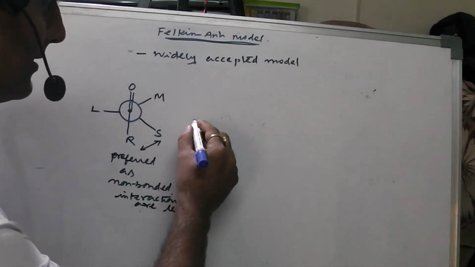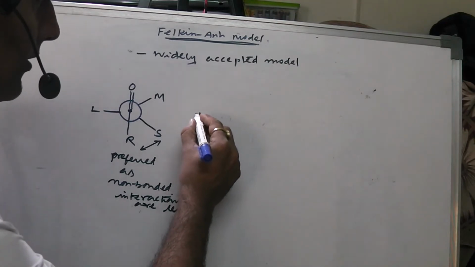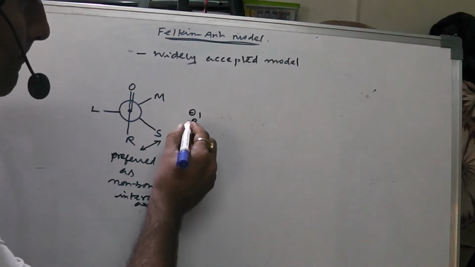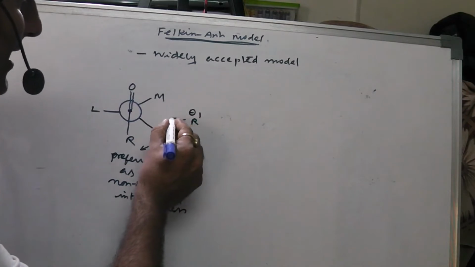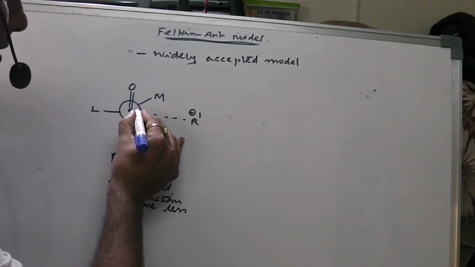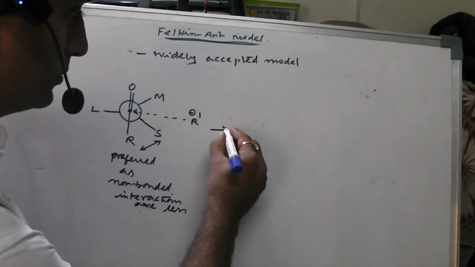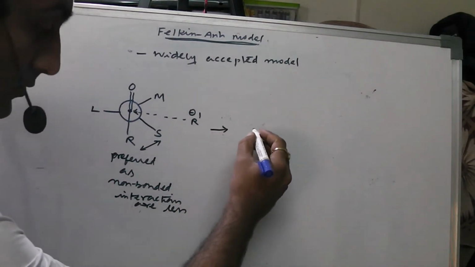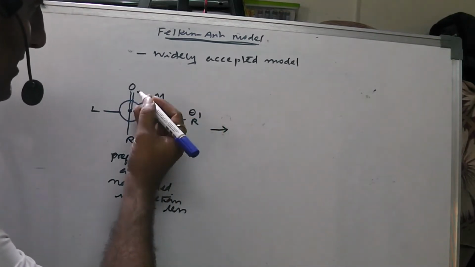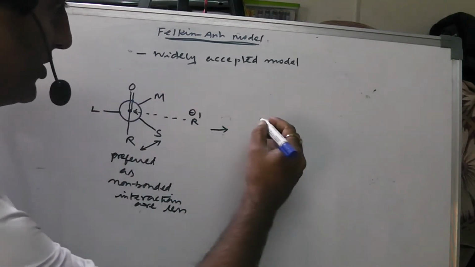Let us consider R prime minus attacking the carbonyl carbon. Once the attack occurs, then OH goes towards that side.